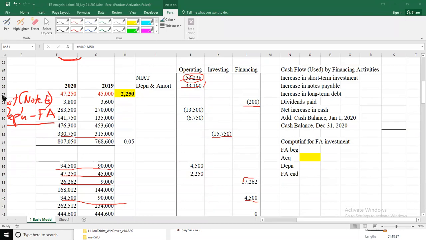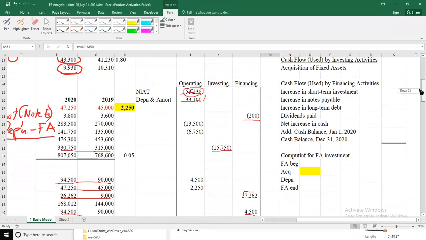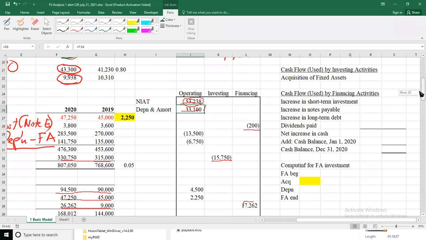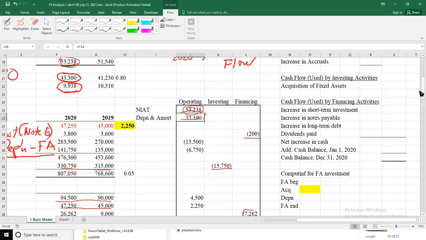Okay. So, sa tingin mo, Wendy, anong gagawin natin? Kasi overstated tayo ng 33,100. And you correctly pointed out that it's the 33,100, no? What do you suggest we do? Anyone, guys? Suggestion kung anong gagawin natin?